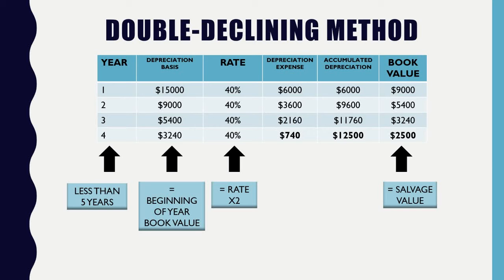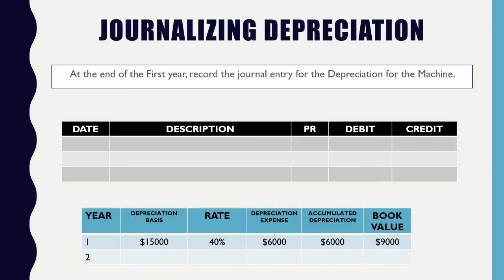So therefore, you can expect it to have a shorter life. And once again, it's based off of the beginning of the year's book value. Any questions here? No? Okay, I don't think so.